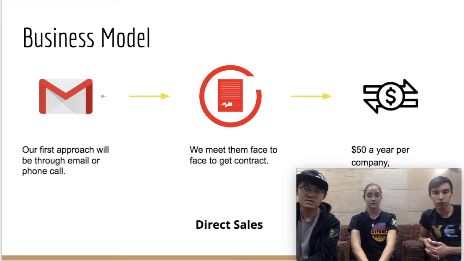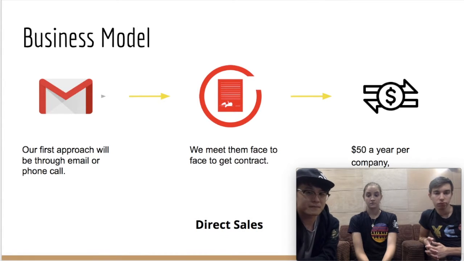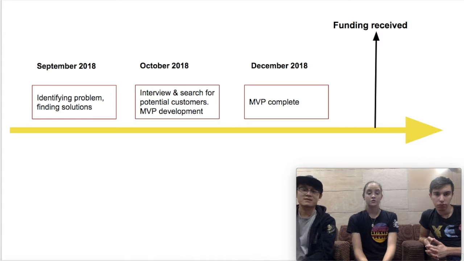And once we have our first approach, we will meet them face to face to get the information of their company and get a contract. And for our transaction method, it will be $50 a year per company and $5 per person added to ZipAuth. And once you add to ZipAuth, you will have all our resources to use.